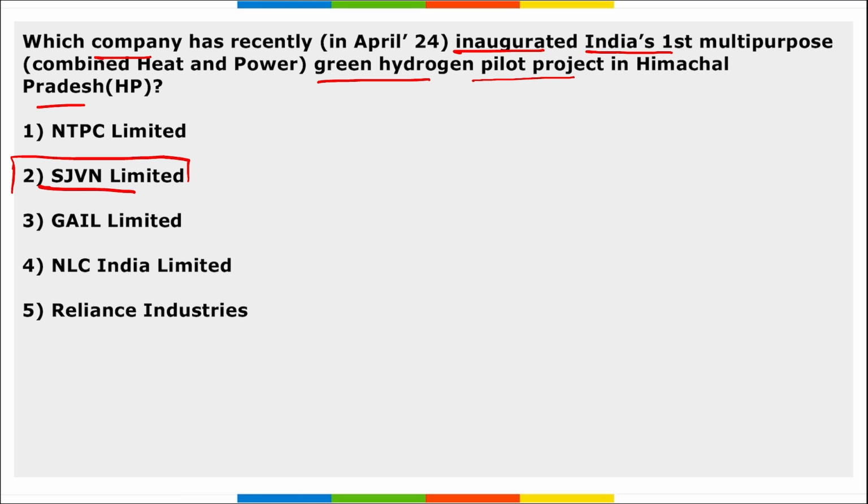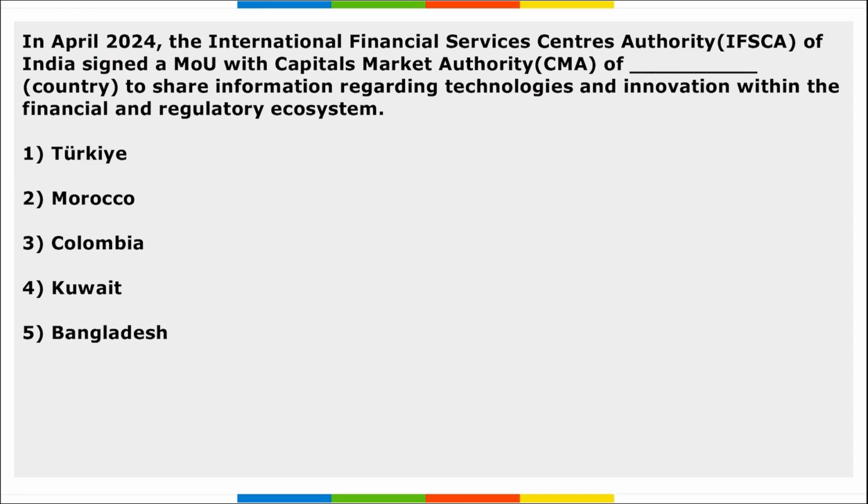It inaugurated India's first multi-purpose, that is heat and power, green hydrogen pilot project at the 1500 megawatt Nathpa Jhakri hydro power station in Himachal Pradesh. The project is set to produce 14 kilograms of hydrogen per day during 8 hours of operation, which will be stored in 6 storage tanks.